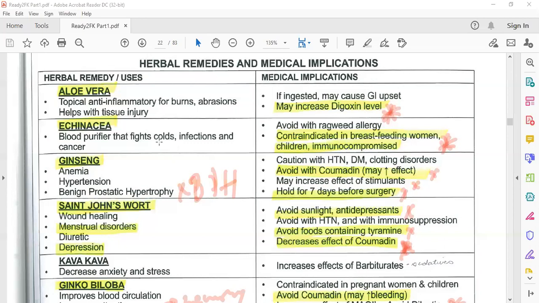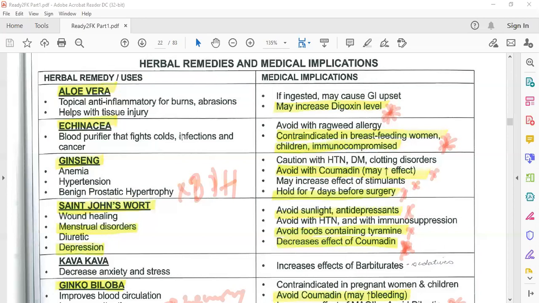So basically, Echinacea is used to improve the immune system. If your immune system is stronger, it is easier to fight against bacteria or any infectious agents, colds, or cancer. So Echinacea is used to improve the immune system.